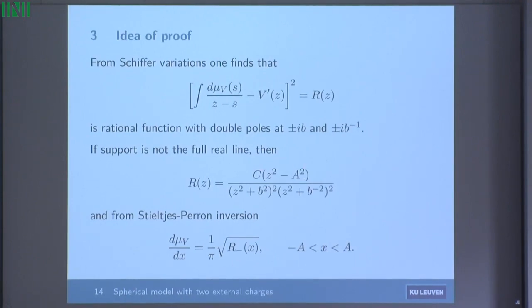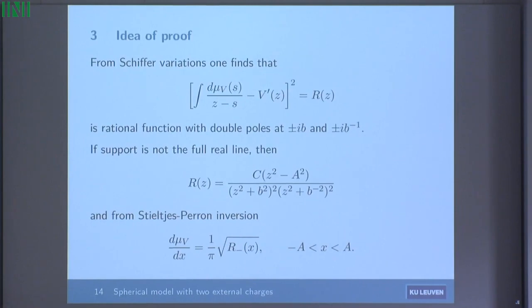Right? And this a is exactly what I showed you before. And having that, we basically know what the Stieltjes transform is. We just take a square root with the appropriate sign of R and add V prime.